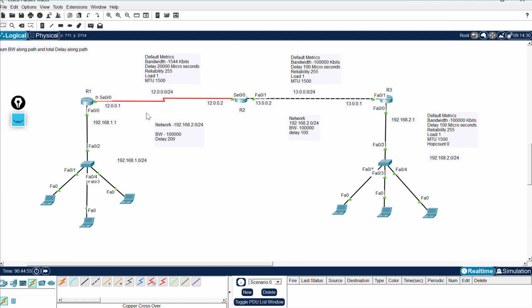In the update packet, the bandwidth is 100,000 kilobits, which means 100 Mbps. 1.544 Mbps is the least one, so R1 will take that metric. R1 will not consider 100 Mbps to reach this LAN. And the delay? The delay of the serial interface is 20,000, and the delay in the update packet is 200. 20,000 plus 200 is 20,200.